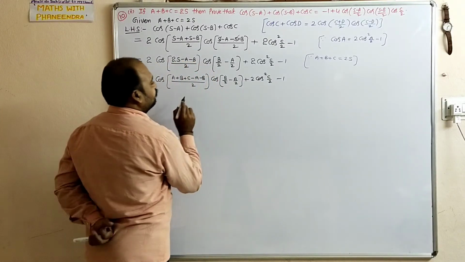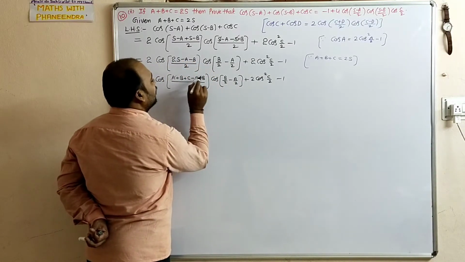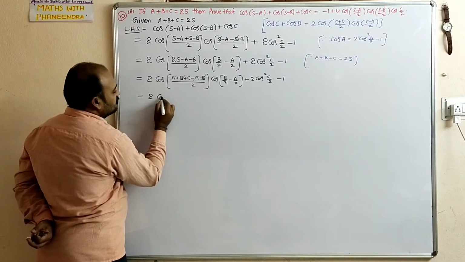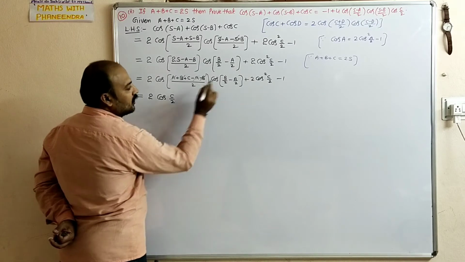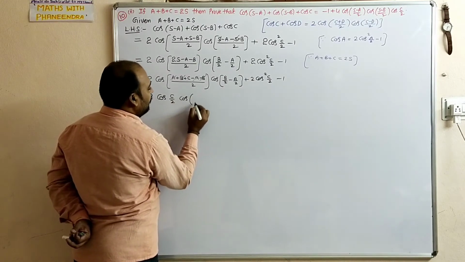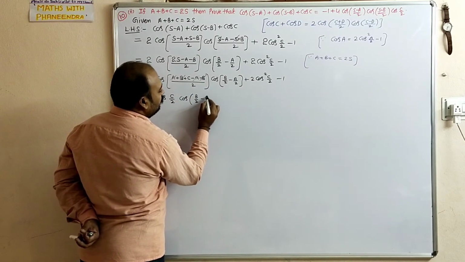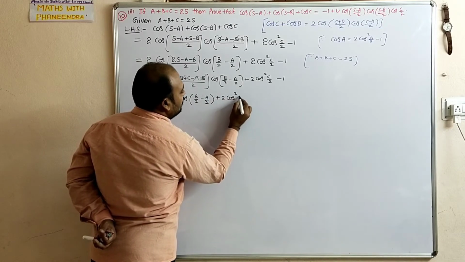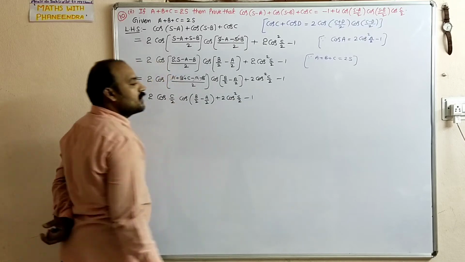Now minus a plus a get cancelled, minus b plus b get cancelled. So 2 cos C by 2 cos of (b by 2 minus a by 2) plus 2 cos square C by 2 minus 1.